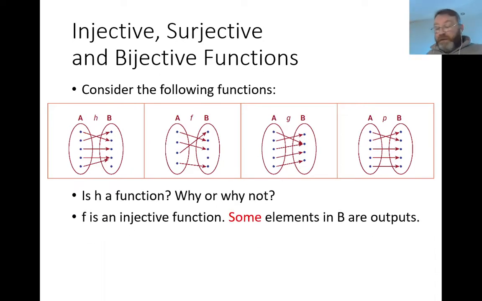F is injective. Now let's say why it's injective again. Because all your elements in A are linked to some of your codomain. So in this case here, we notice that the codomain and the range are not the same. Now, that's normally a huge hint for injectivity, okay?